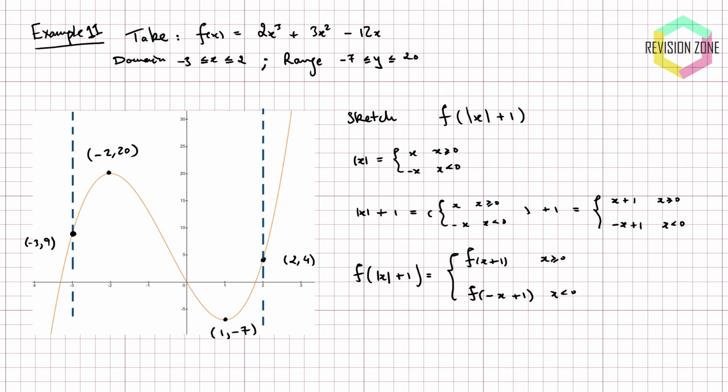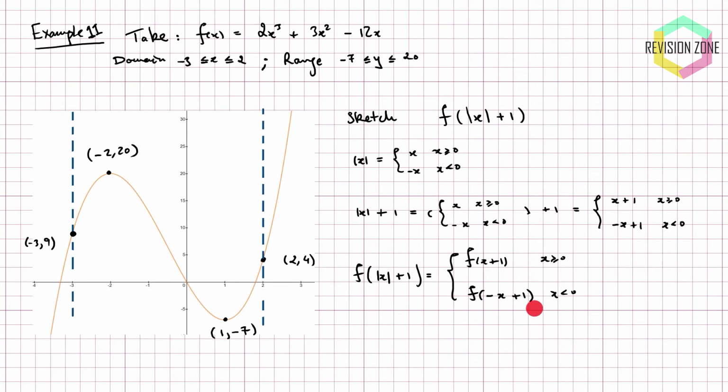So now when I say f of the modulus of x plus 1, that's the same thing as f of the entire thing here, which is the same as taking f of that for x being non-negative and f of that for x being negative, and when I do that, I end up with these two branches here. And this is basically it, right?